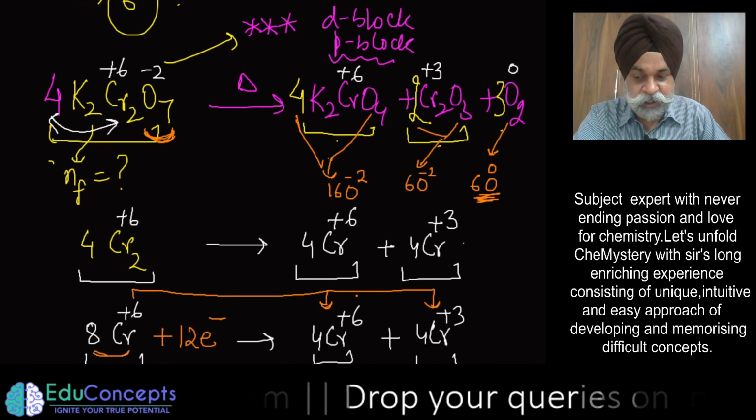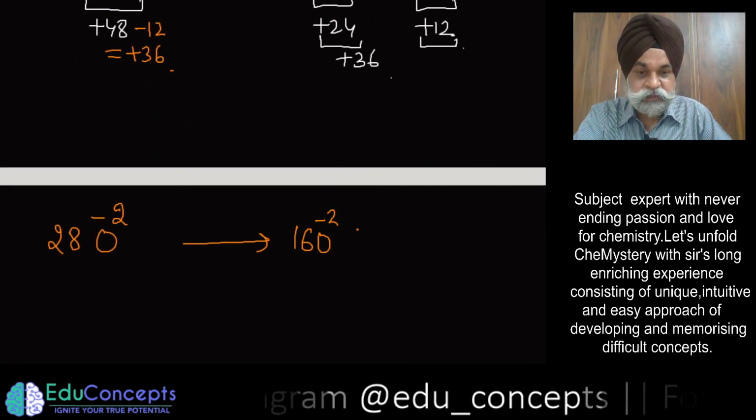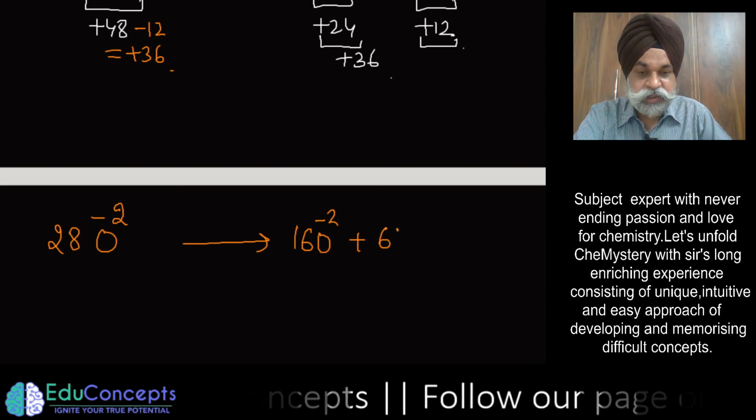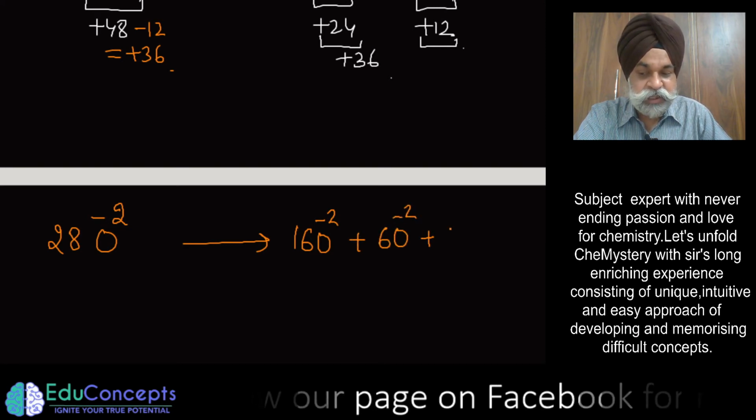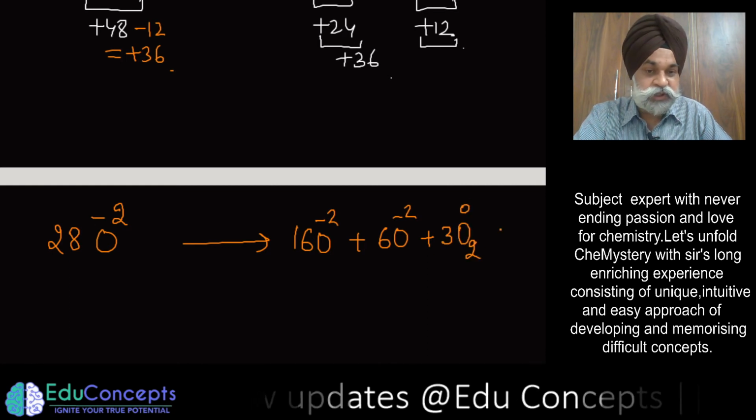So let me write it here, what I'm trying to say. There are 16 oxygen atoms of -2, and there are 6 oxygen atoms of -2, and just to avoid the confusion I should write it this way only. So these are of 0 oxidation state.